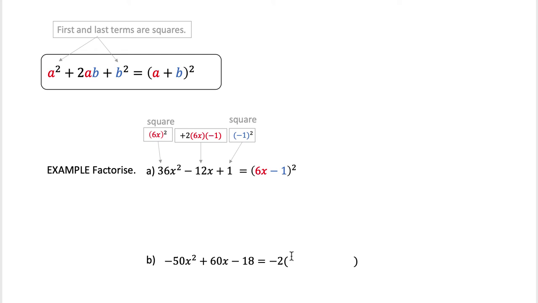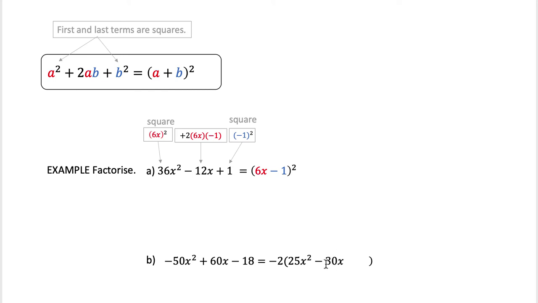And then we'll think, what times negative 2 gives negative 50x squared? Well, 25 times negative 2 is negative 50, and then you'd have to have the x squared in there. Then for this, what times negative 2 makes positive 60x?